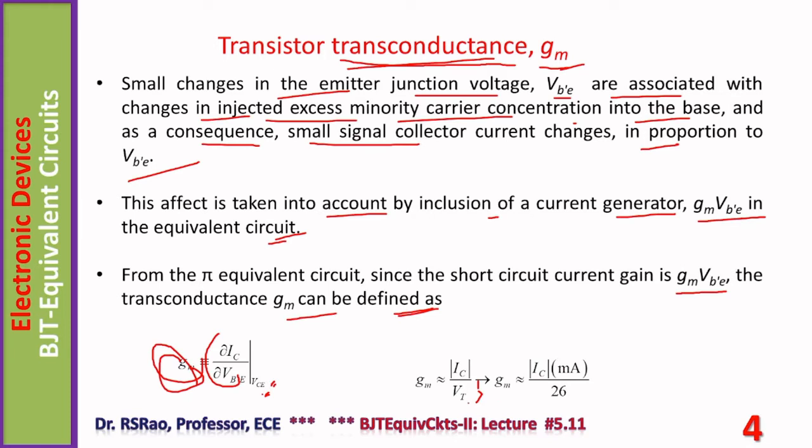VT is the volt equivalent of temperature. It is 26 millivolts at room temperature. So when that is introduced into the expression IC by VT, we get IC in milliamperes by 26.